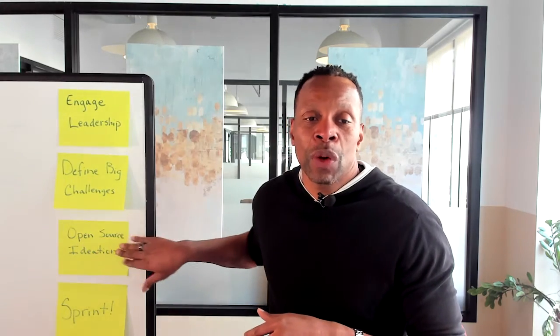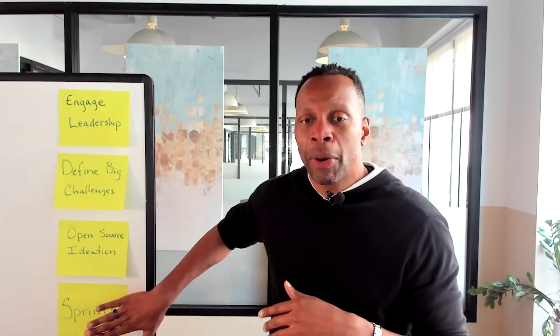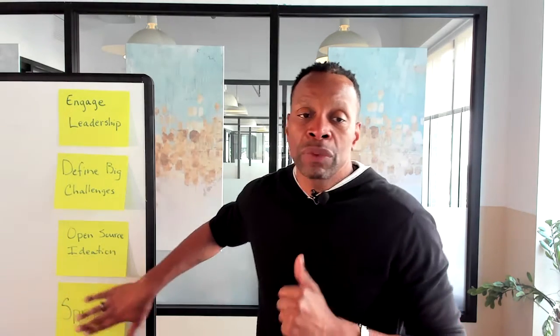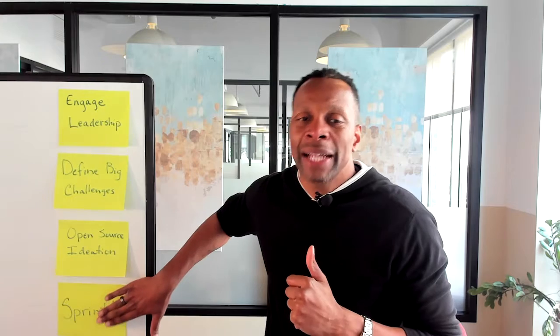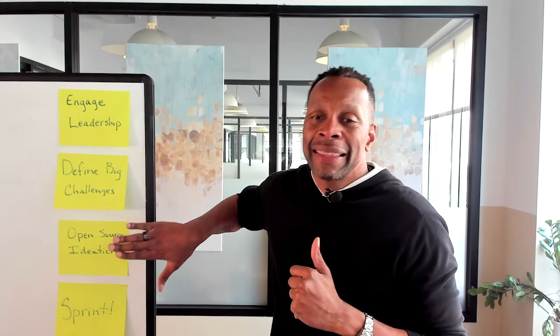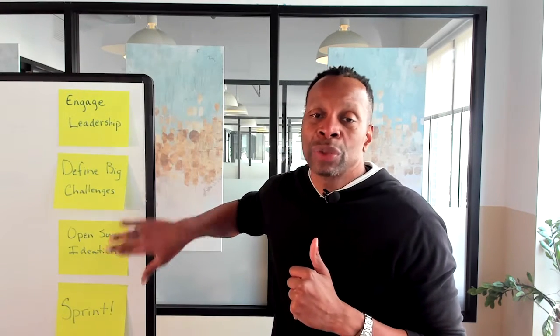Obviously, you still want to stay focused on open source ideation so you can get the grassroots involved. And then the last part of the cycle or your innovation rhythm should focus on how do you execute on the ideas that have the energy from the grassroots and the energy from leadership. And so I'm going to walk you through each one of these and give you some tips and resources on how to build an innovation rhythm that works for you, your team, and your company.